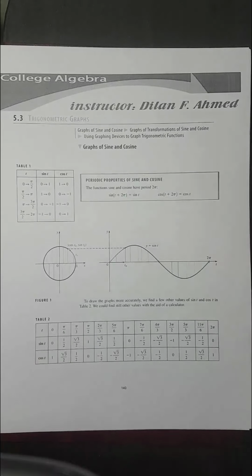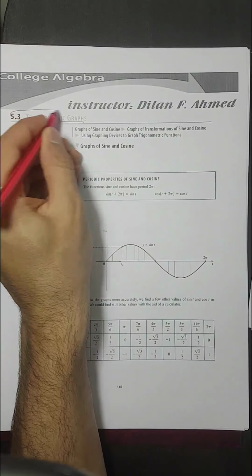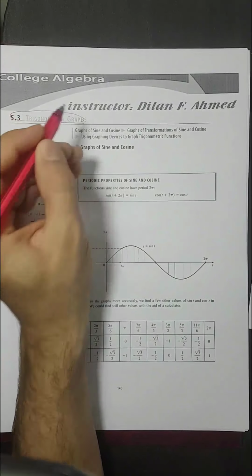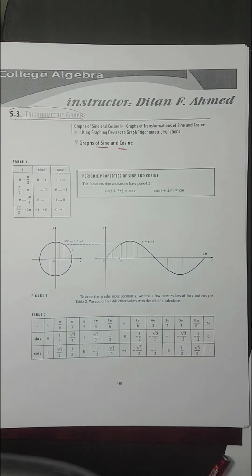And in the next section we are going to give you the graph of the trigonometric functions, especially sine and cosine. So see you later in the next section. You can find the record about this function.